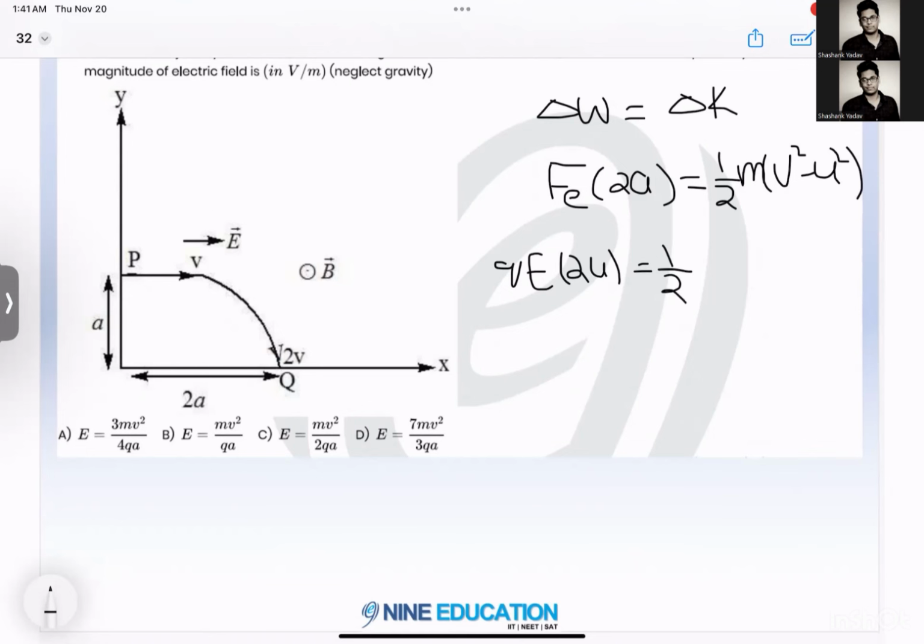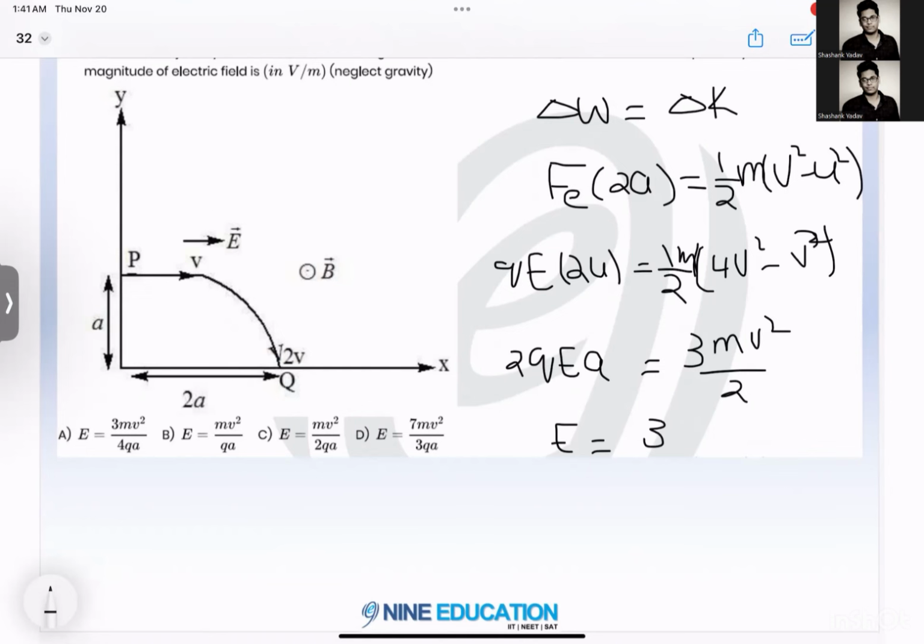V square is given as 2v, that means 4v square minus v square. That will give us 3mv square by 2 is equal to 2qEa. That will give us E is equal to 3mv square by 2qa.